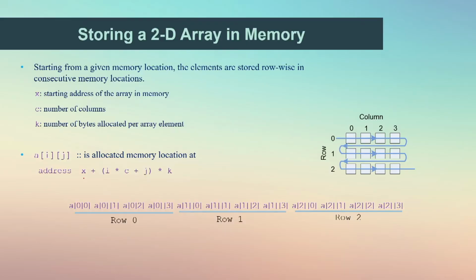It is by using this formula, where x will be the starting address of the array, i will be the row number, j will be the column number, and k will be the number of bytes allocated per array element. So, using this we will be able to calculate the size of the array, right.